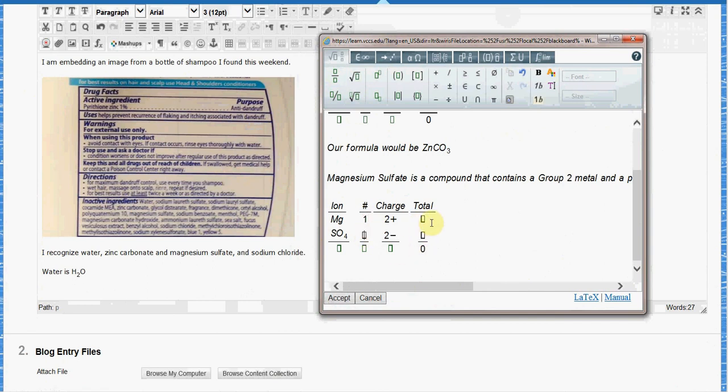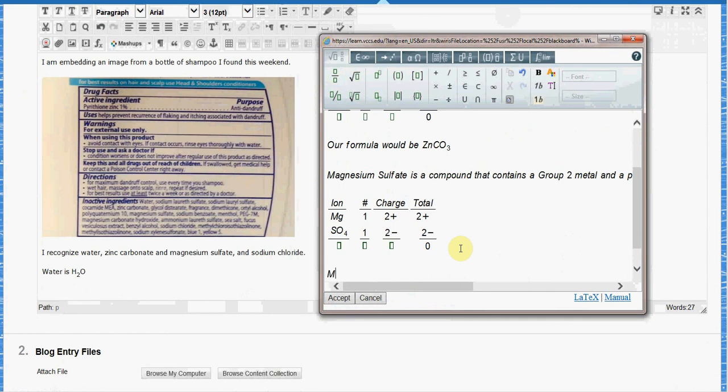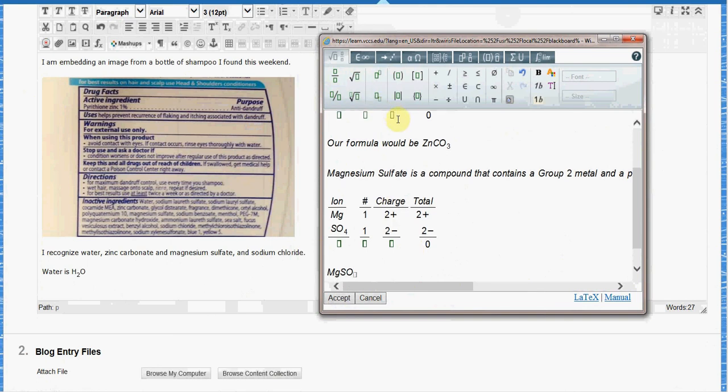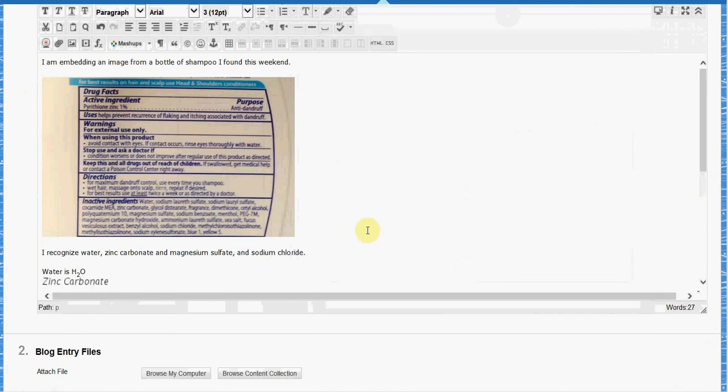If I have 1 of each, I get a total positive charge of 2+, total negative charge of 2-, which will cancel out in the long run. So that gives me magnesium sulfate. I'm not going to write the 1 because it's understood, and again, it's understood that this has 1 sulfate. I'm going to add these 2.